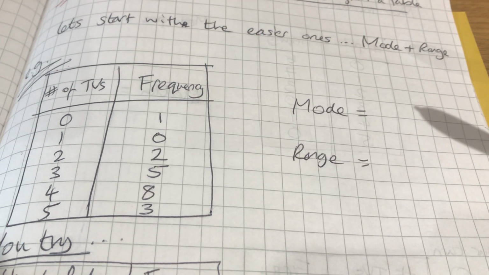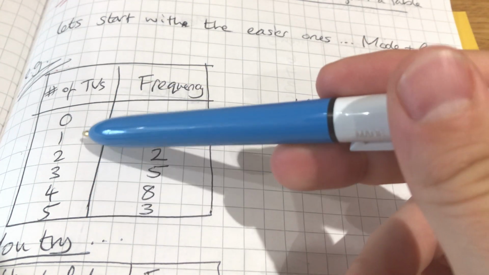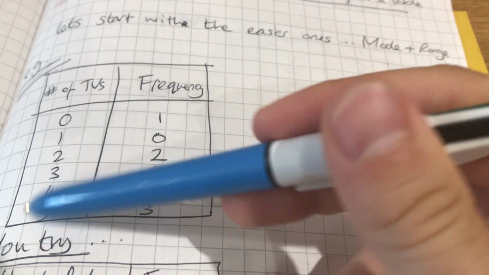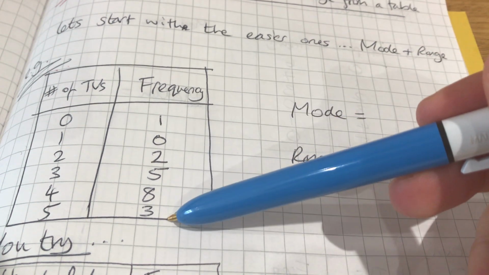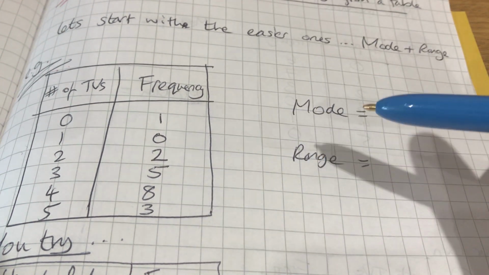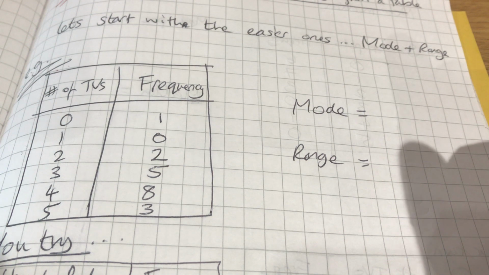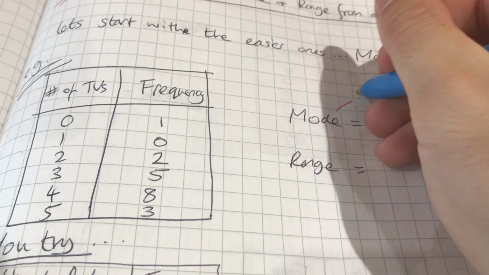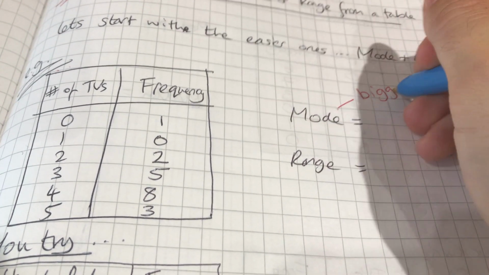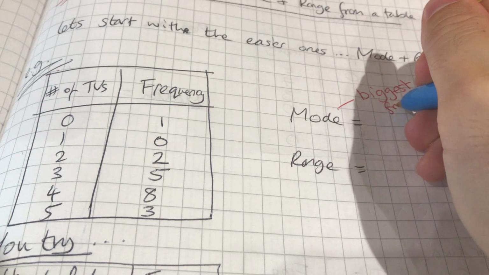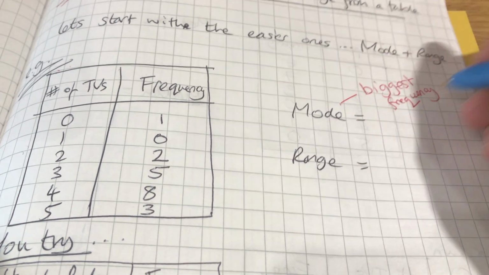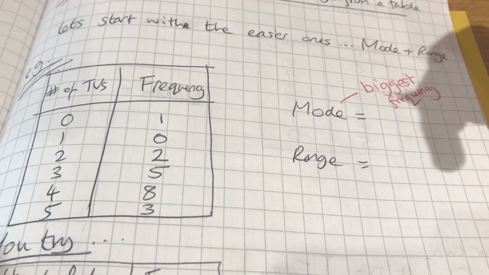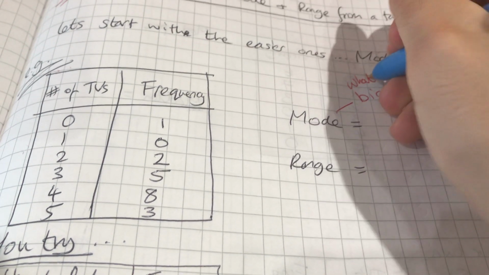So, the mode. A lot of people end up looking for the most popular number. They might say, oh, there's 2 zeros, 2 ones. You can't just do that by looking at the numbers. You've got to actually think about what they mean. To find the mode in a table, you will always be looking for the biggest frequency. But it's not the biggest frequency that's the answer. It's what has the biggest frequency.